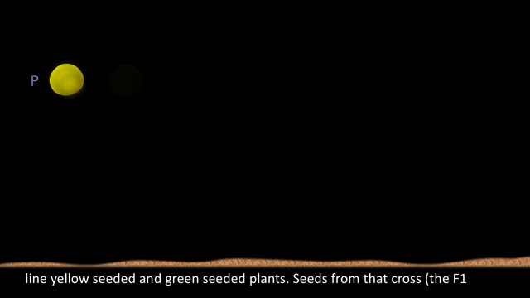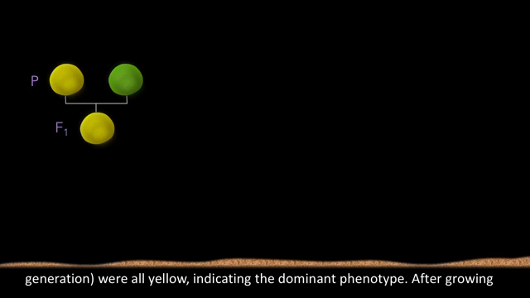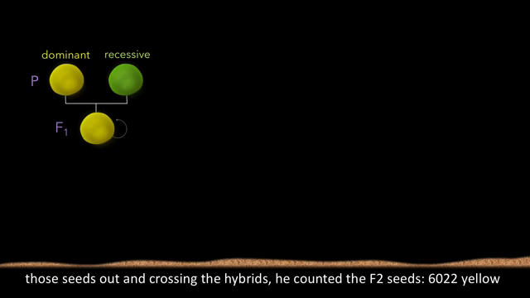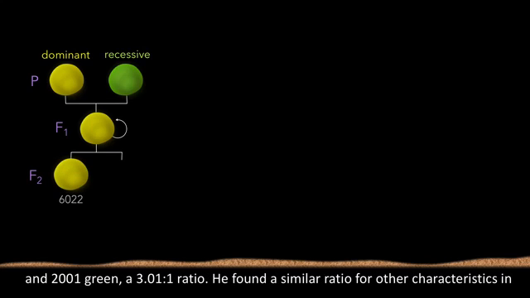Let's use seed color as an example. Mendel crossed pure line yellow-seeded and green-seeded plants. Seeds from that cross, the F1 generation, were all yellow, indicating the dominant phenotype. After growing those seeds out and crossing the hybrids, he counted the F2 seeds: 6,022 yellow and 2,001 green, a 3.01 to 1 ratio.